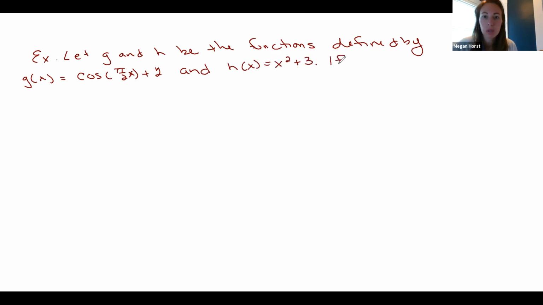Okay, here's a big word in math: if. So we're going to have to verify whether or not we can even use the squeeze theorem.